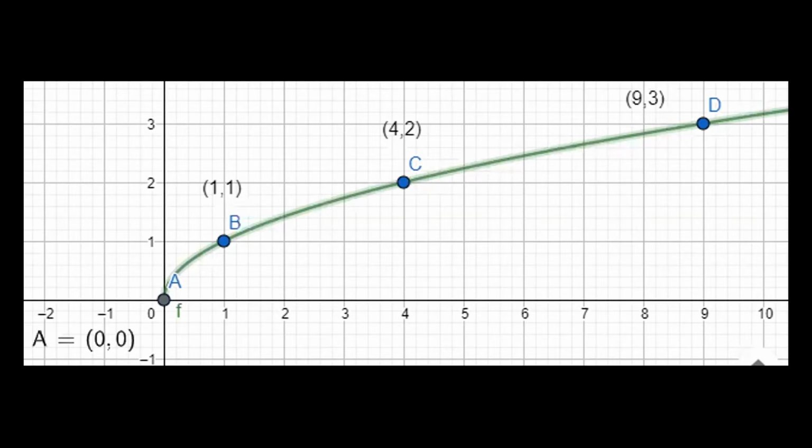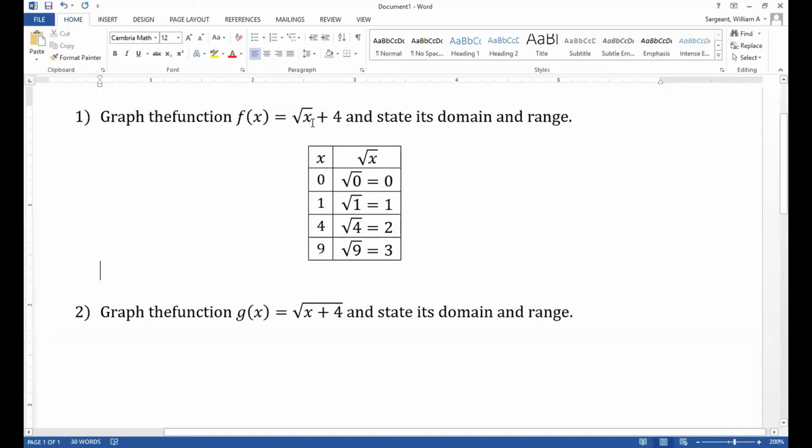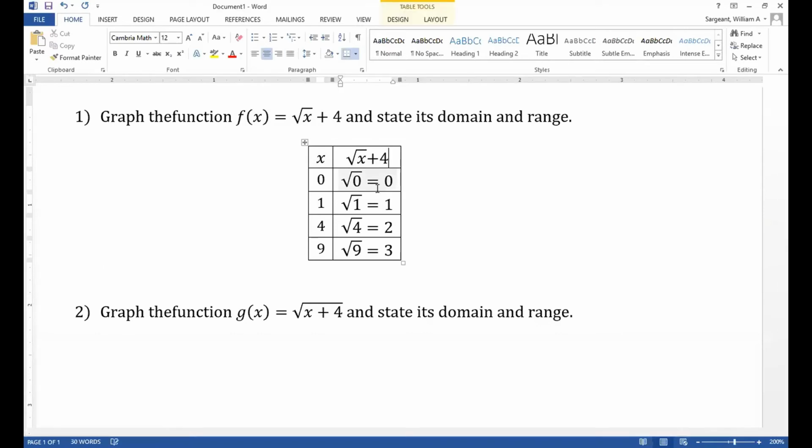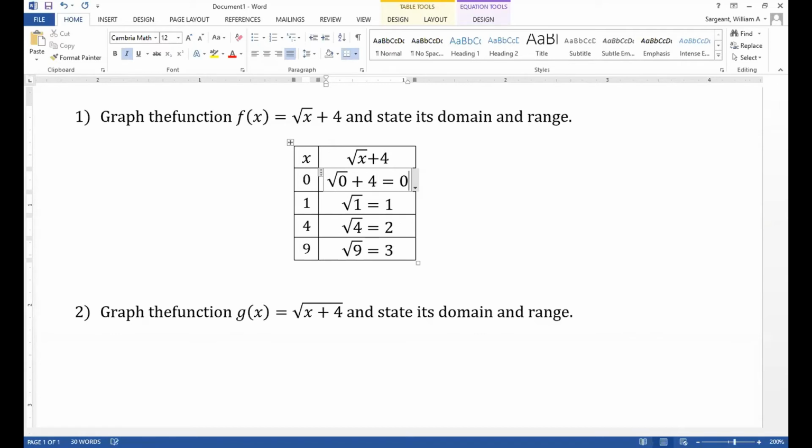Now, as for having a plus 4 afterwards, we've already got the shape.